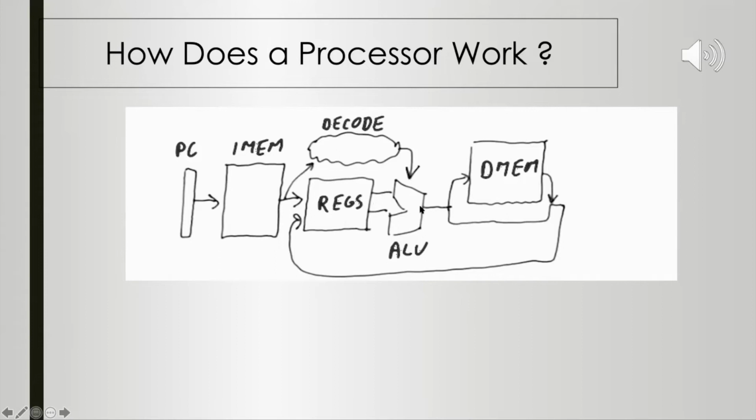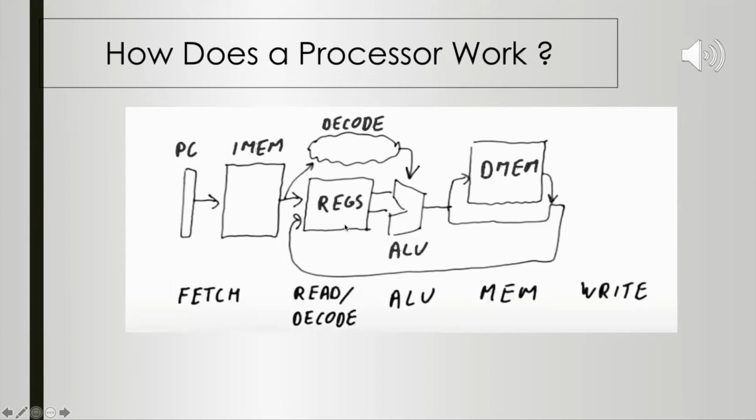Once we get the result of the ALU, we could be done and just write the result to a register, or we could have a load or a store instruction, in which case what the ALU computed is really the address that we use to access the data memory and not just the result, the answer itself. And what comes out of the data memory is what we end up writing to the registers.